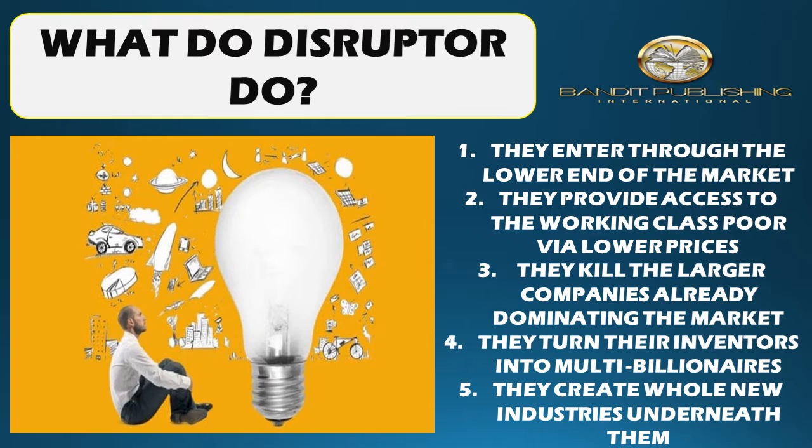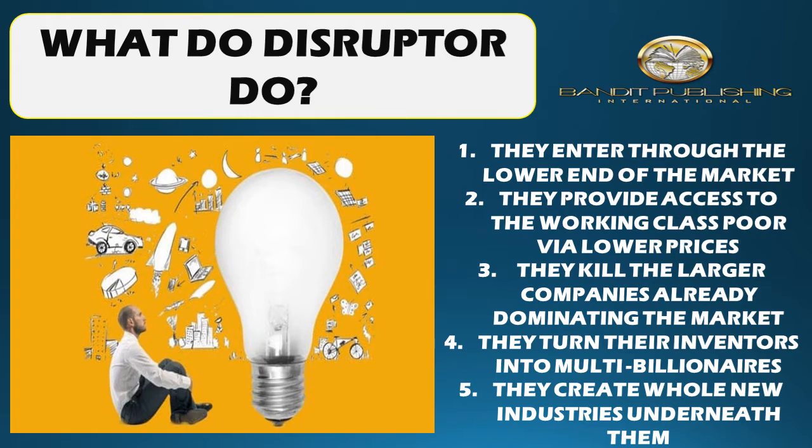Now everybody can have it that's not necessarily wealthy. So they provide access to products that the working class poor could never afford with a better product, and it's a lot less expensive.